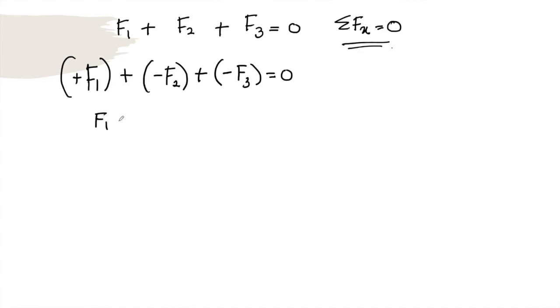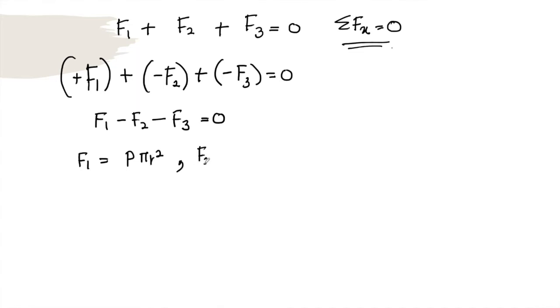Therefore we have F1 minus F2 minus F3 equal to 0. We know that F1 is P pi R square.